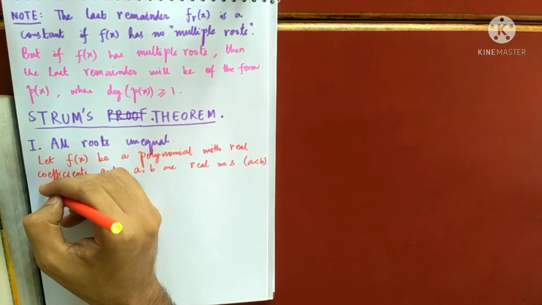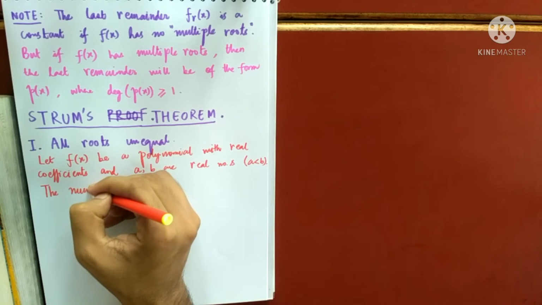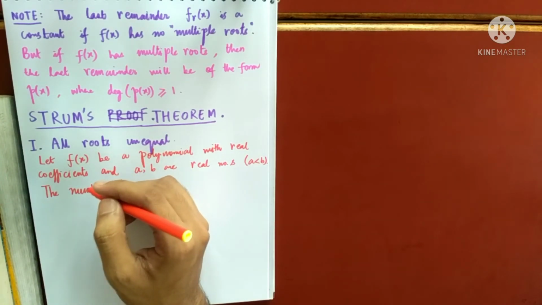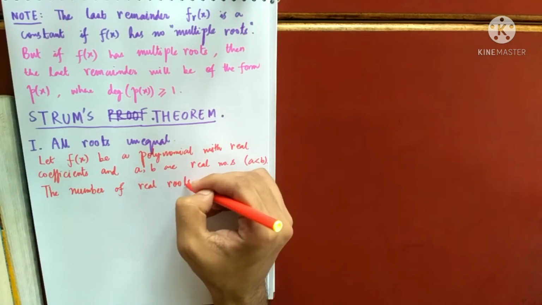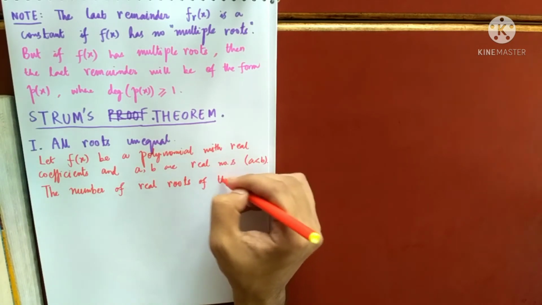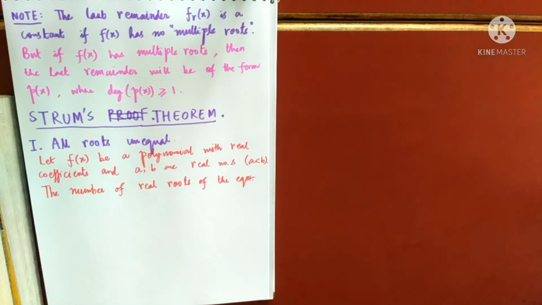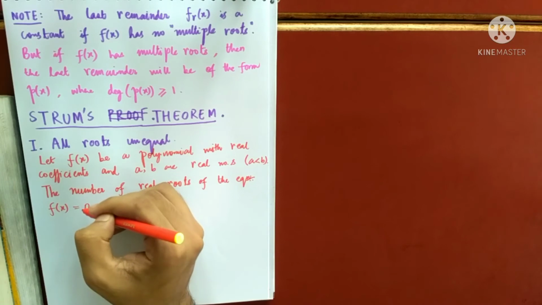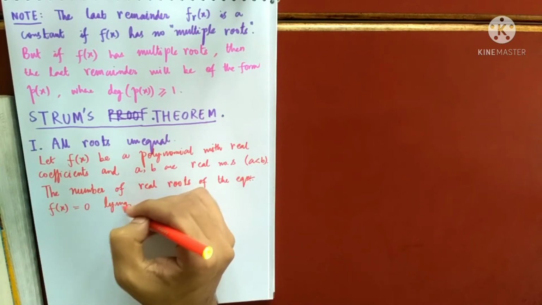So Sturm's will give you the number of real roots of the equation f(x) equals 0 lying between a and b.